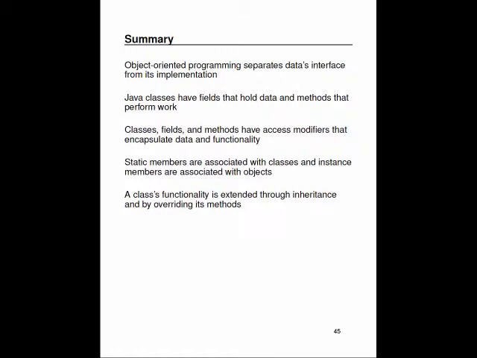Static members are associated with all instances of a class, and instance members are only associated with particular instances of that class. And you can extend a class's functionality by using inheritance and overriding its methods.